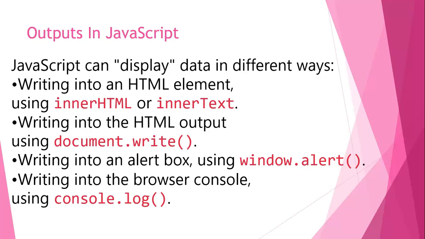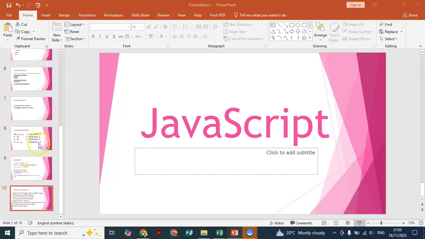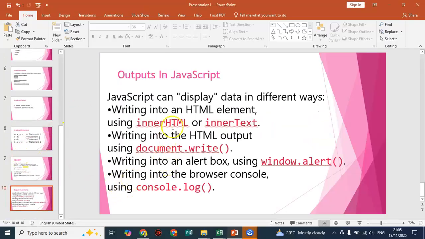Then writing into an alert box, like you want to send an alert that says don't cancel, or are you sure you want to cancel, or you've seen alerts. Yes, you use window.alert to do that. Writing into the browser console, you use console.log. And just like that, that is how you do it in your work.